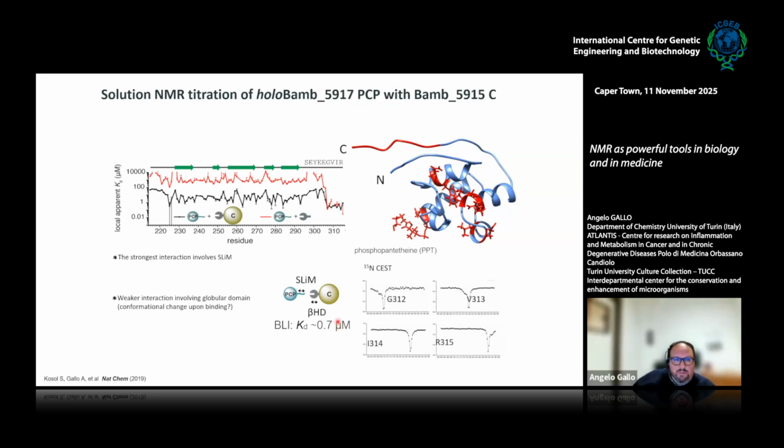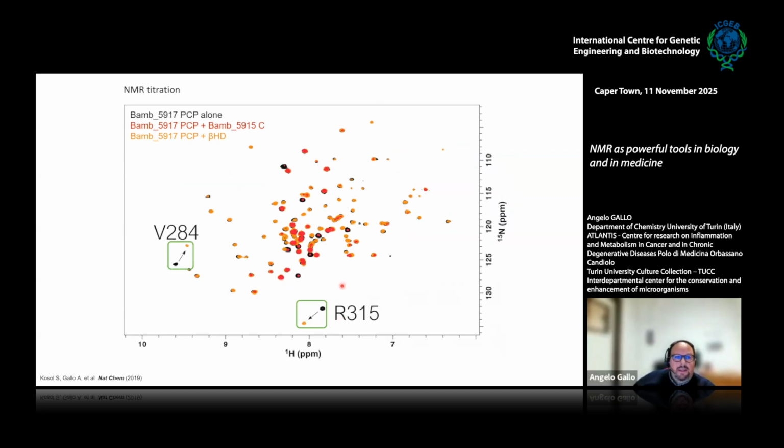Just to show you how this process is carried out, usually we measure the PCP alone. We add the C15. In this case, just to prove that there is interaction only with the C-terminal domain of the PCP, we also ran the BHD domain on the C15.